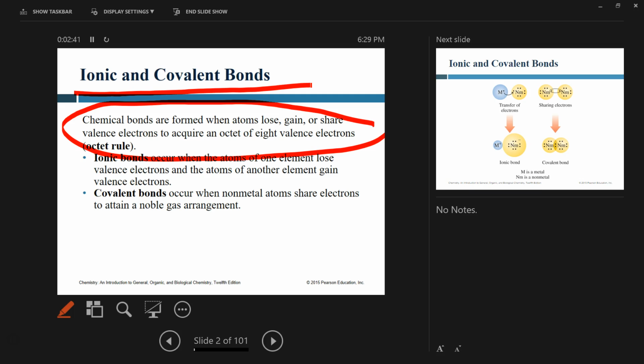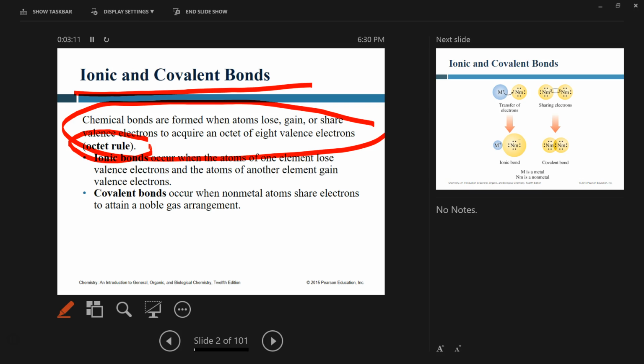When an atom has 8 electrons on its outer shell, it is most energetically stable. It is, let's call it this way, happy. Does that make sense? So each atom tries to make its outer electron shell carry 8 electrons, the so-called octet rule.